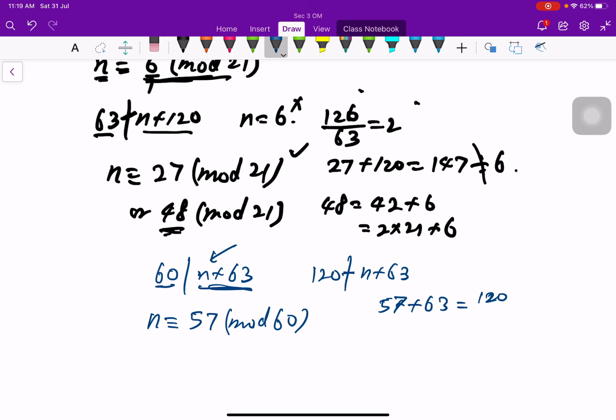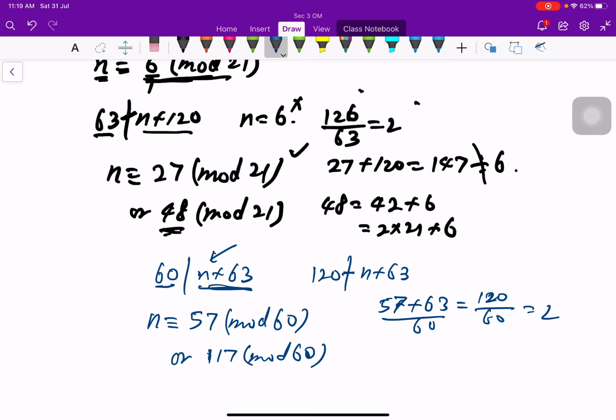Therefore, you divide by 60, then you get 2. Therefore, your n will start from 57. Or you can say that it is actually 57 plus 60, that will be 117 modulo 60. It can also be 117, right?